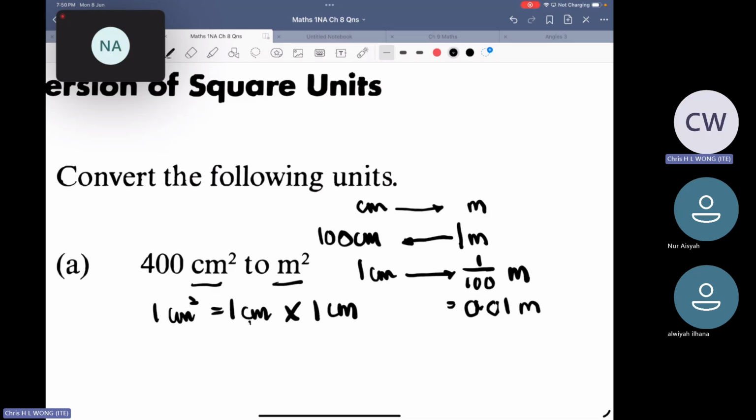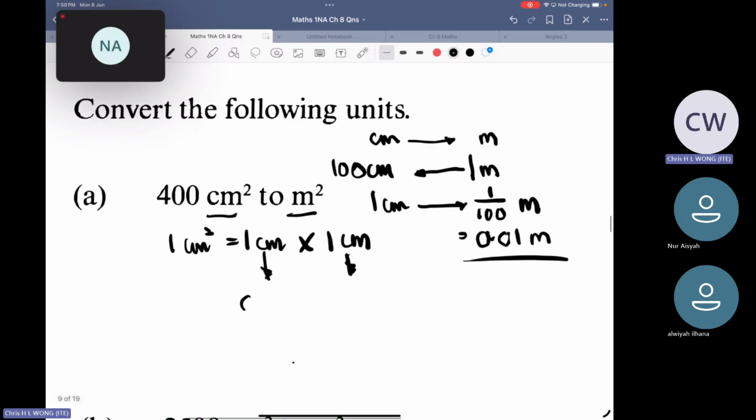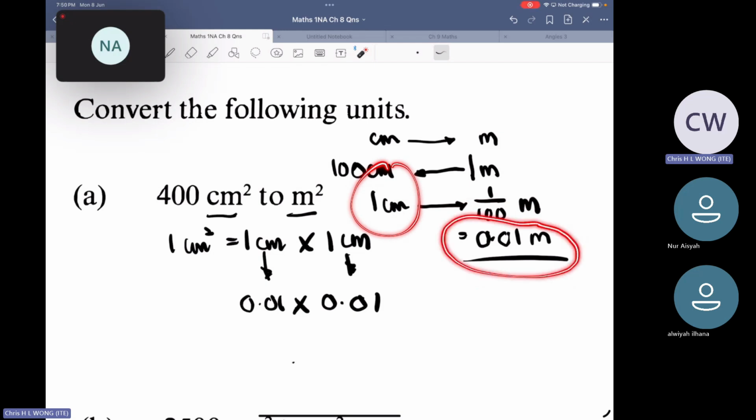Convert cm to meter from here. 1 cm is equal to 0.01 times 0.01. You already did the conversion here. 1 cm is 0.01 meter.